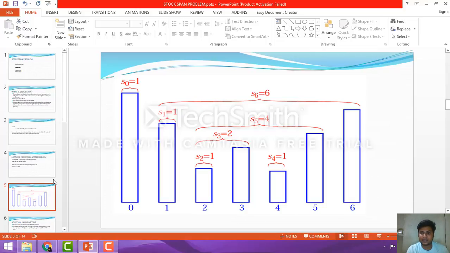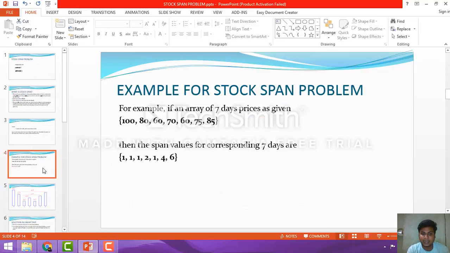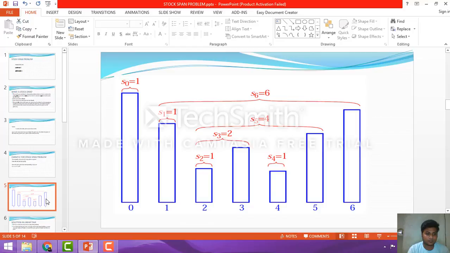The array index of day 7 is 6, and the value is 85. The previous days are lesser, so we can't add it. Likewise we have to check all the previous days until we find one which is greater. So S of 6 equals 6.